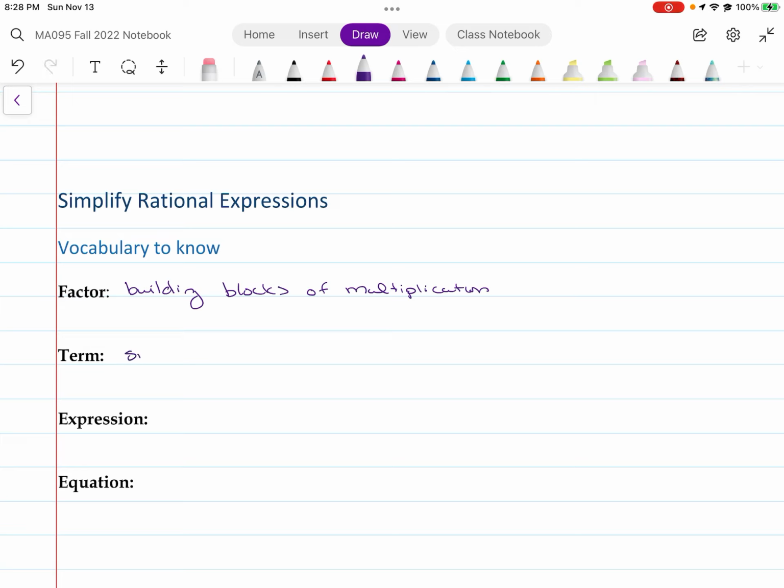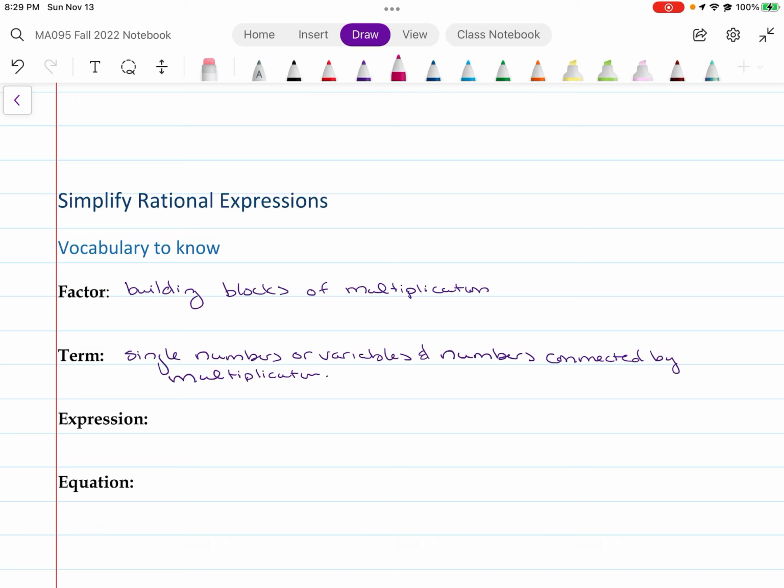A term is single numbers or variables, or variables and numbers connected by multiplication.